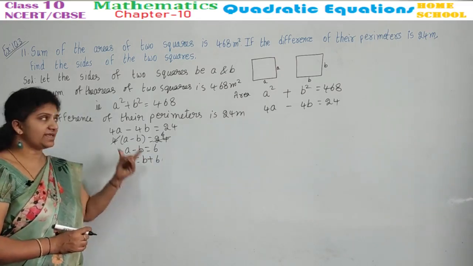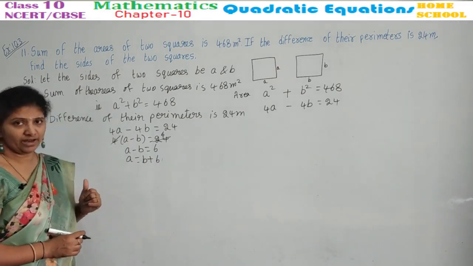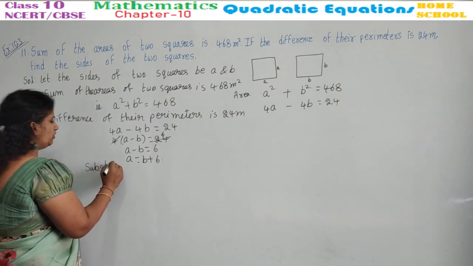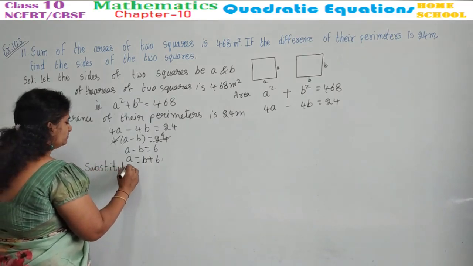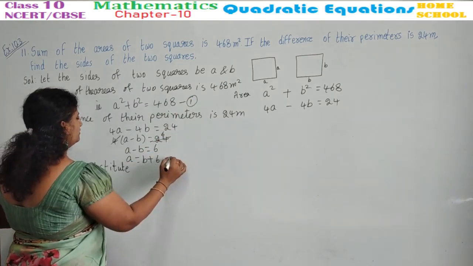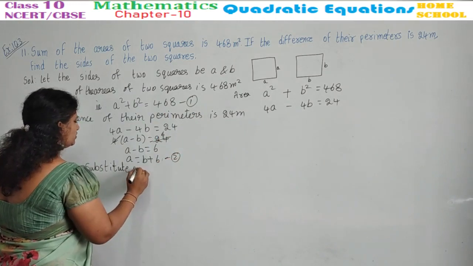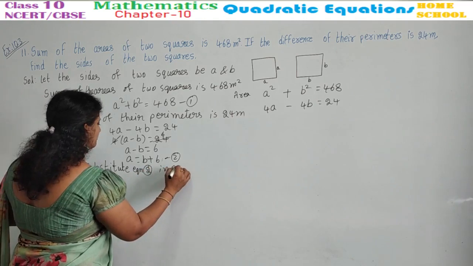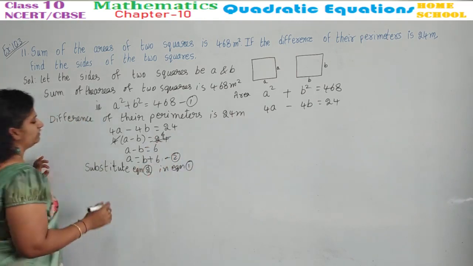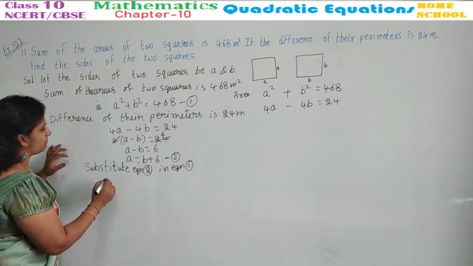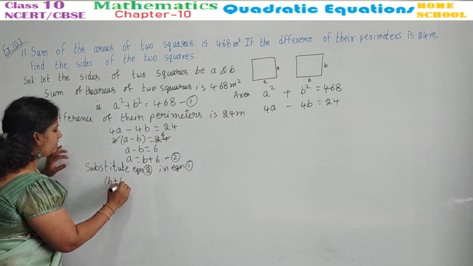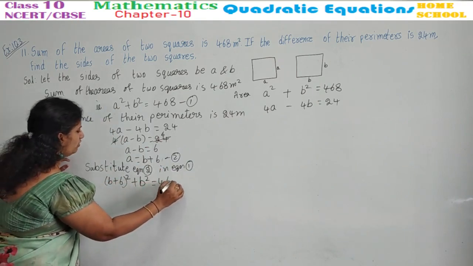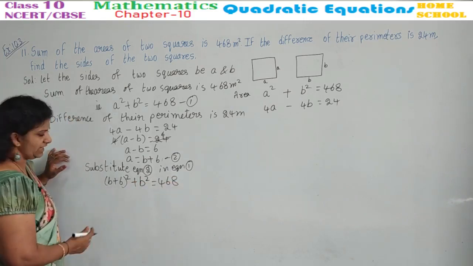Shall I substitute this a value in this? Right? Let us see here. Substitute equation 2 in equation 1. In place of a you write b plus 6. B plus 6 whole square plus b square is equal to 468.